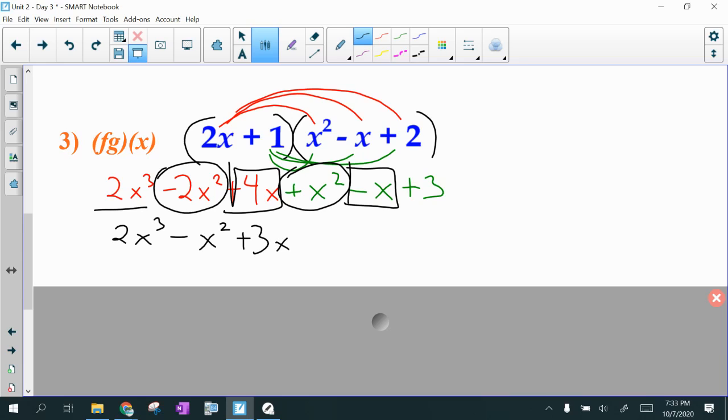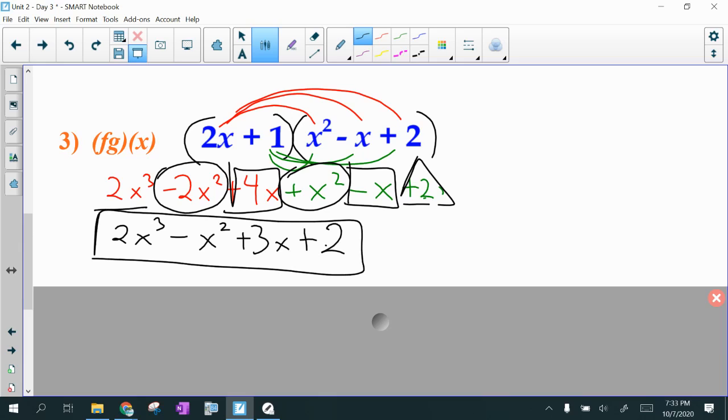And then finally, the last term that I've got hanging out by itself is positive 3. And, whoops, it shouldn't be a 3, that should be a 2. Shame on me. Okay, let's fix that right away, because 1 times 2 is going to get me 2 here, so therefore this is not a 3, that is a 2. Okay, and once again, I am back down to my final answer.